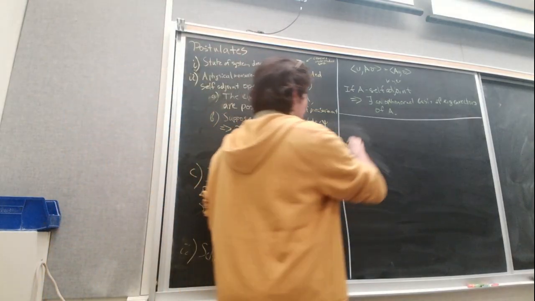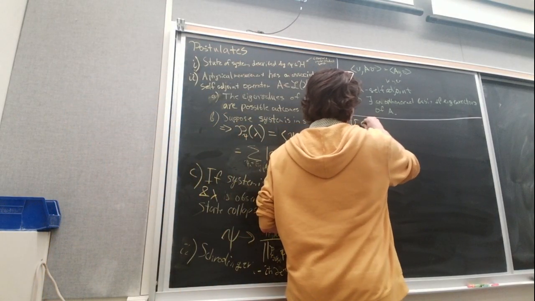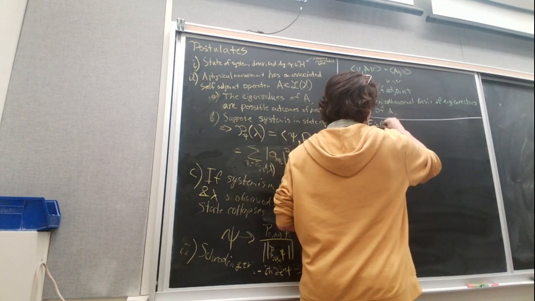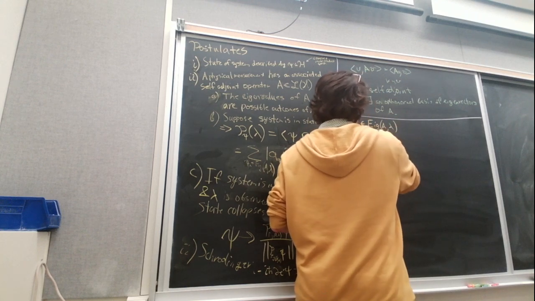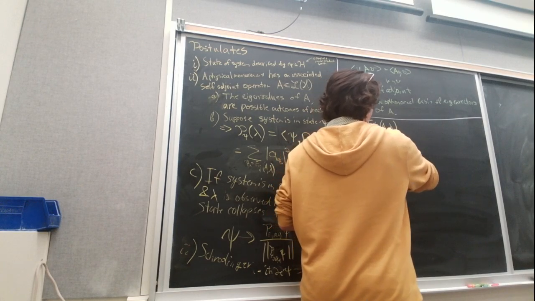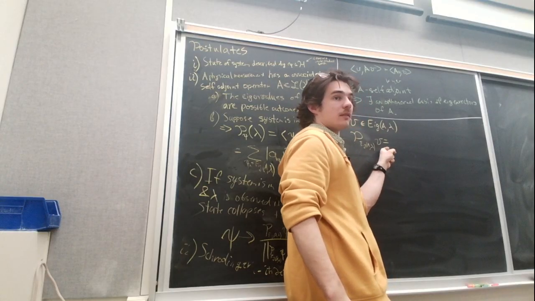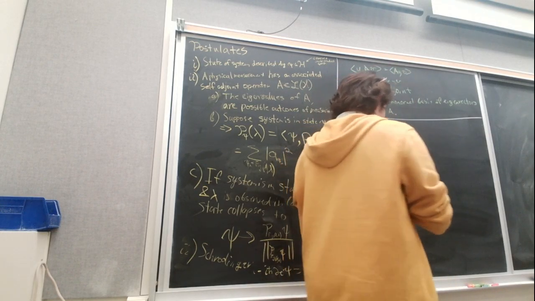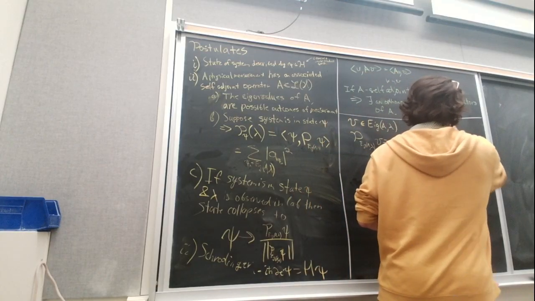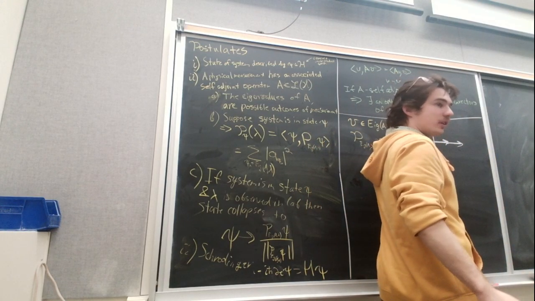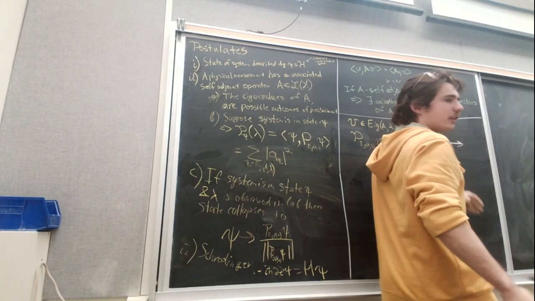Because remember that if V is in the eigensubspace with eigenvalue lambda, then the projection onto the subspace will send V to what? Yeah, to V itself, right? Because I have a vector along the E1 direction, and then I project it back along the E1 direction. I get the same vector, right?